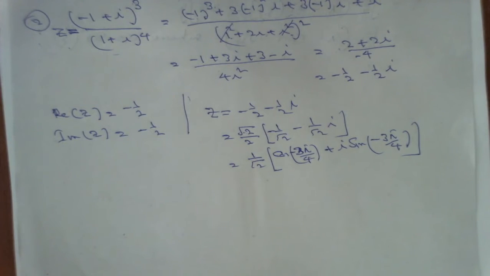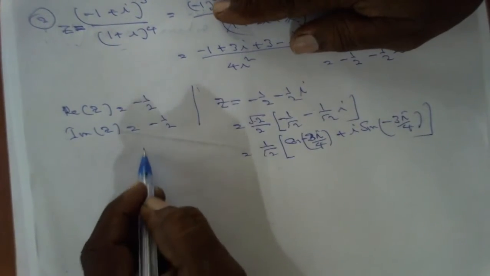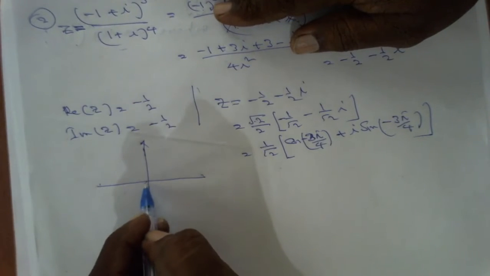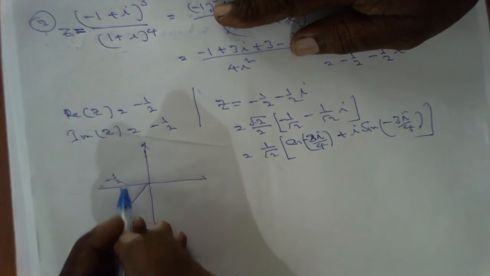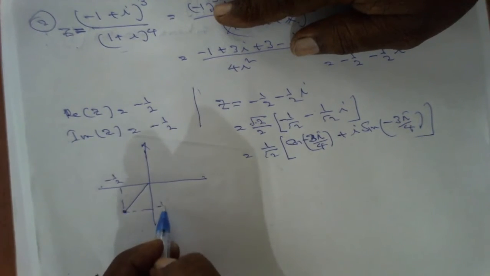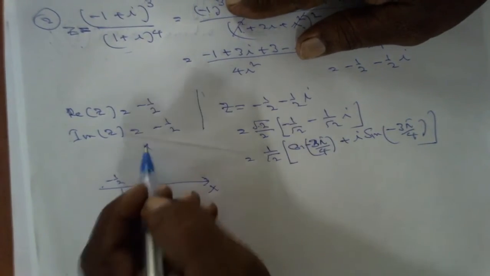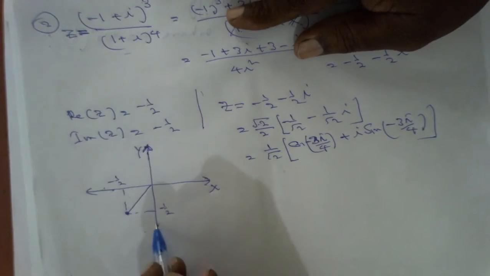This angle is the principal argument. Because if you mark this complex number in the xy plane, this point, here minus half, here also minus half, like that.